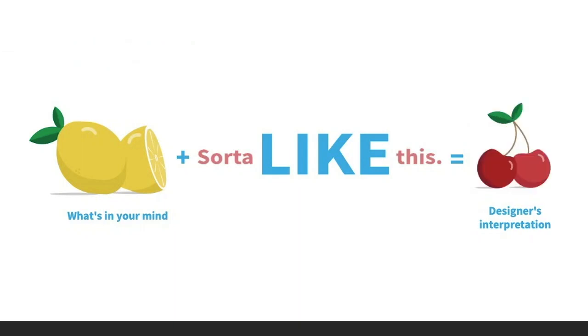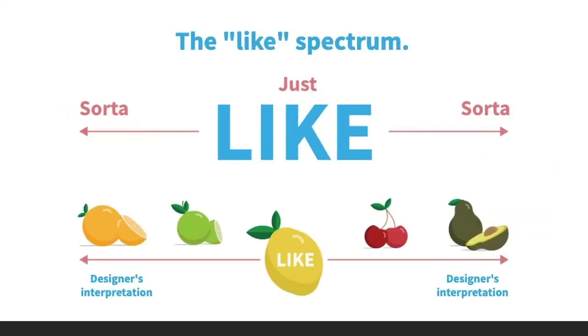But what happens if there's some abstraction involved? Well, the designer's interpretation can kind of start to get a little far away from what your original example was. That's because we have now entered into what I like to call the like spectrum. And I really wish I could have queued up some Twilight Zone music here. I thought that would have been great. But the like spectrum is basically the designer's interpretation.